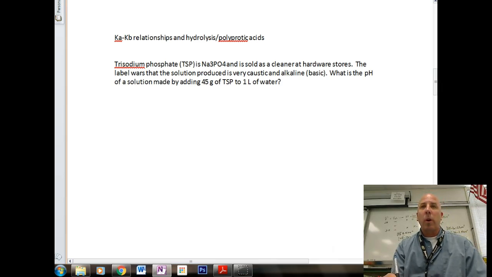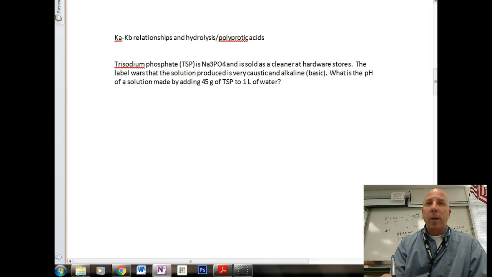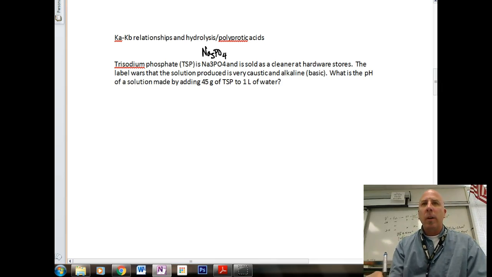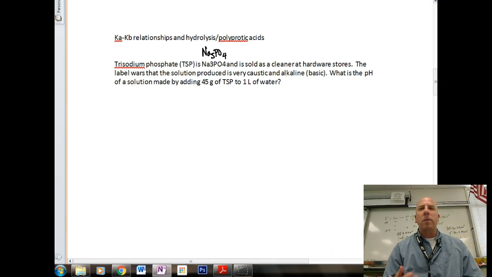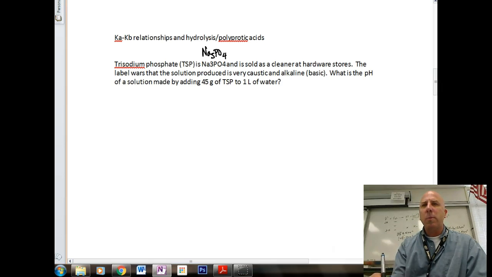If you go into a hardware store, trisodium phosphate is sold, Na3PO4. In chemistry, we usually just call this sodium phosphate, but they market it as trisodium phosphate. It's a cleaner used to clean walls and floors, a really strong cleaner, especially before you paint a wall in your house. They might use trisodium phosphate to get any stains off, and then we could paint over.